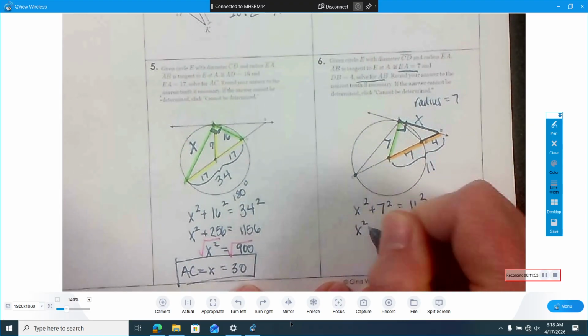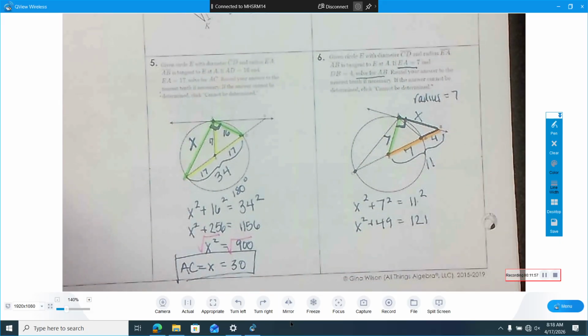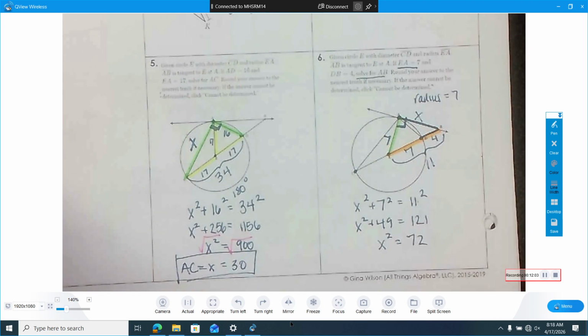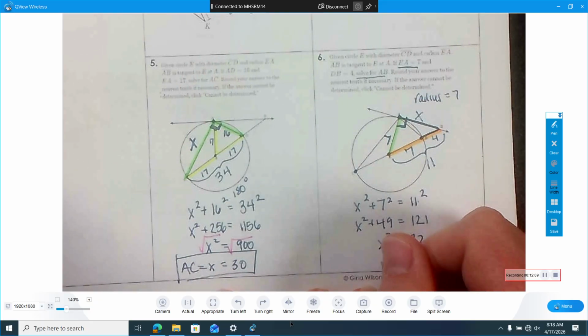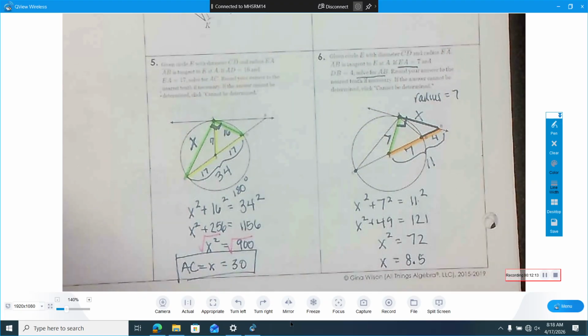So x squared plus 49 equals 121. 121 minus 49 is 72. And the square root of that is x equals 8.5 if you round.